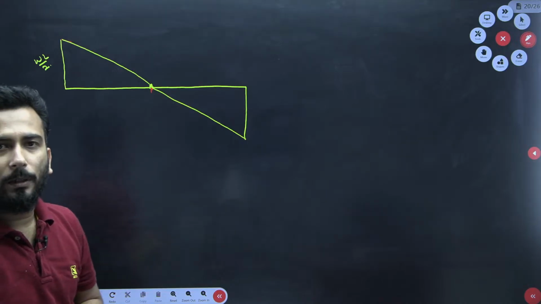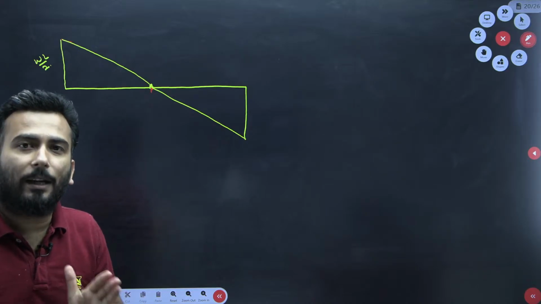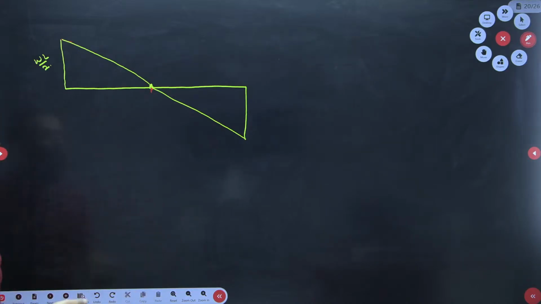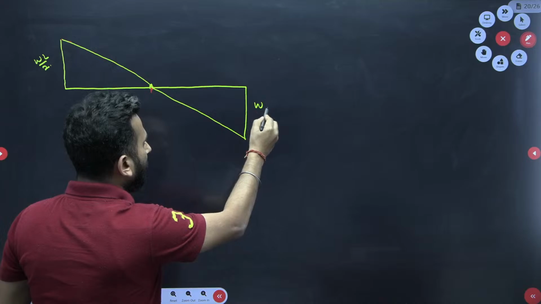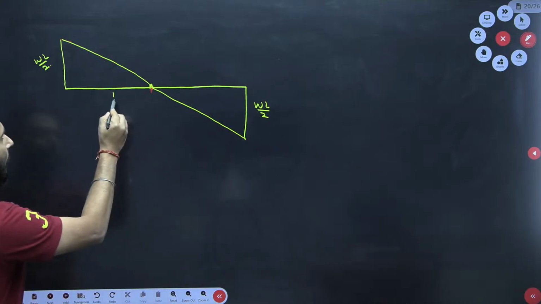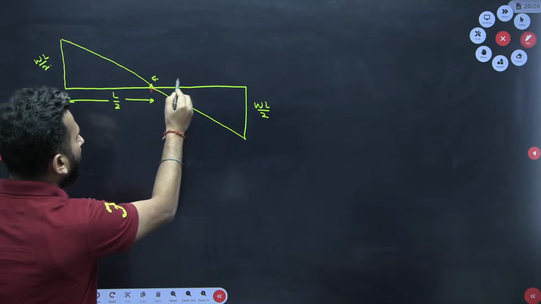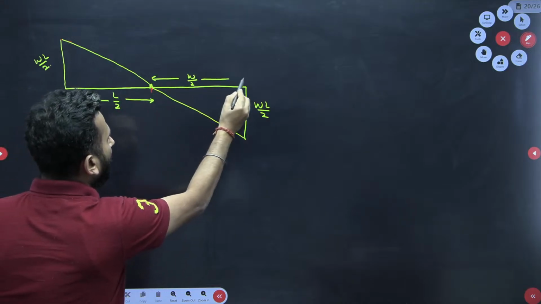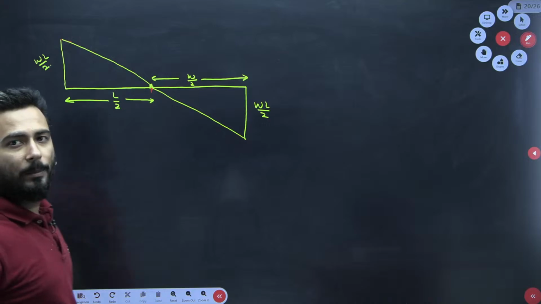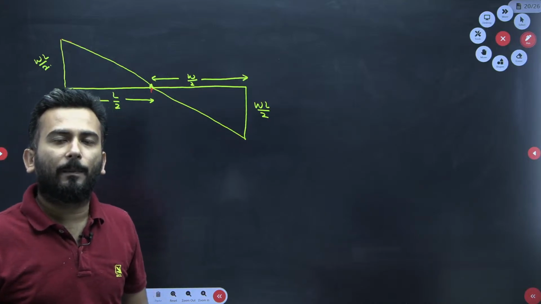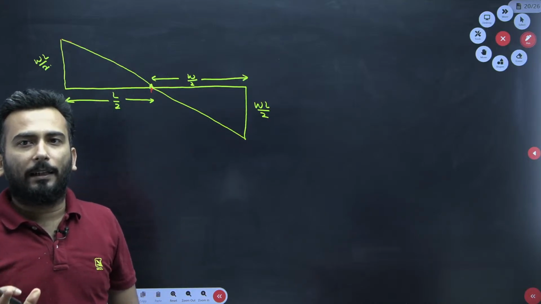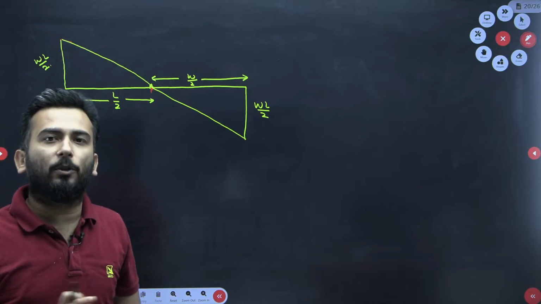Are you getting it or not? So this is one way of analyzing the shear force diagram in a very accurate way. Obviously, I told you that this graphical method will be beneficial for predicting the nature, not for accurately giving you the answers.